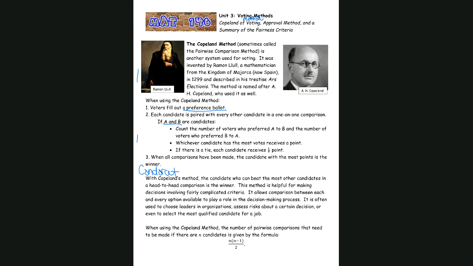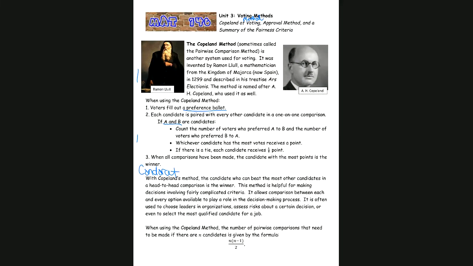So we always say the Condorcet candidate is the candidate who wins based on comparing the candidates one-on-one. Copeland's method was developed in order to always satisfy the Condorcet fairness criterion. Copeland's method will never, ever violate the Condorcet comparison, or fairness criteria, sorry. But we call that a Condorcet comparison.